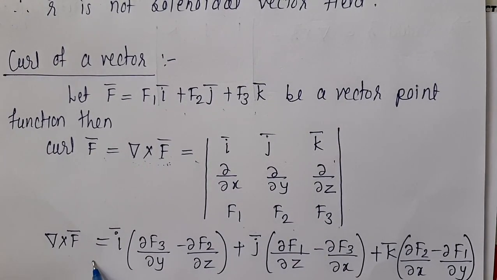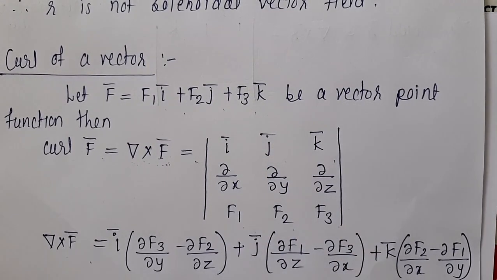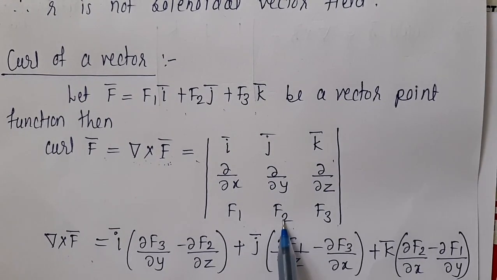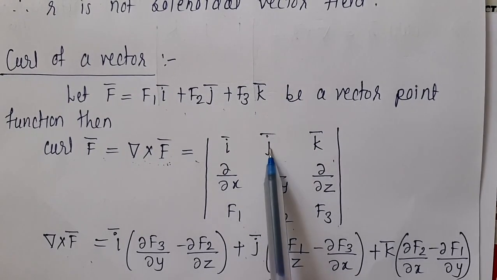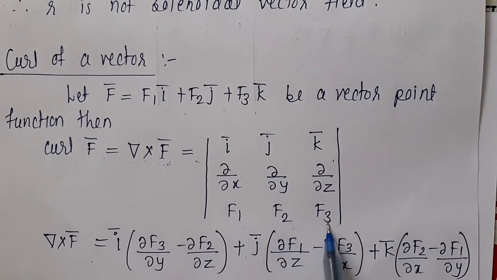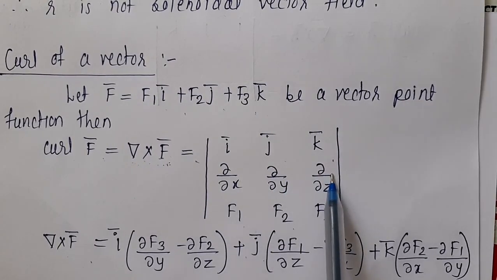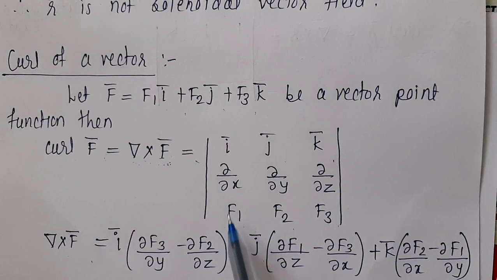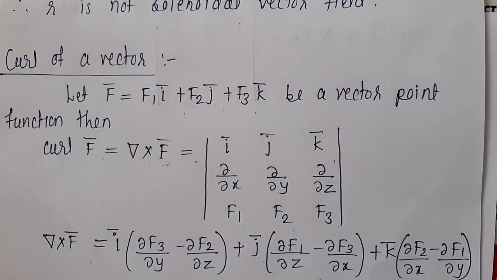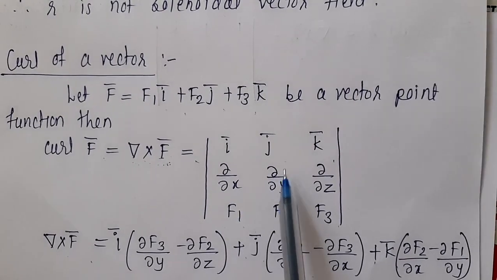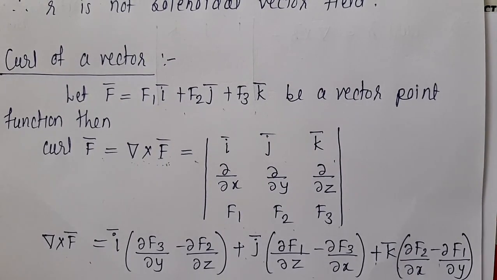Now del cross f, if we solve this determinant, we get i times del f3 by del y minus del f2 by del z, plus j times del f1 by del z minus del f3 by del x, plus k times del f2 by del x minus del f1 by del y.